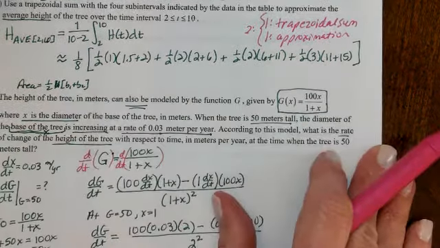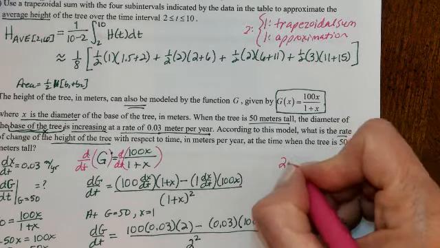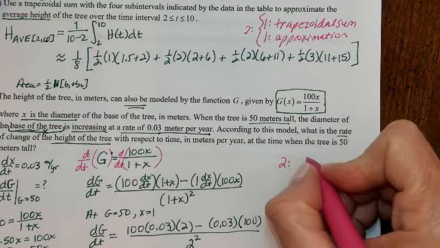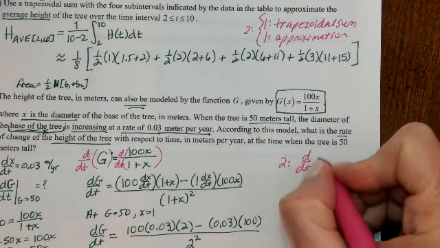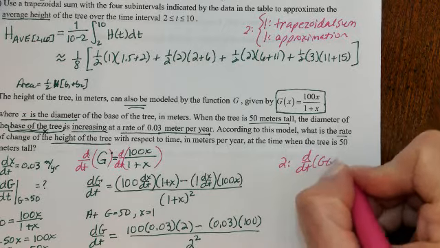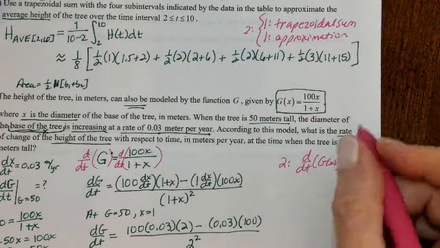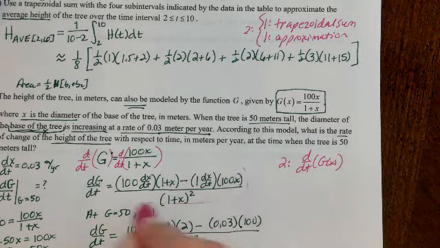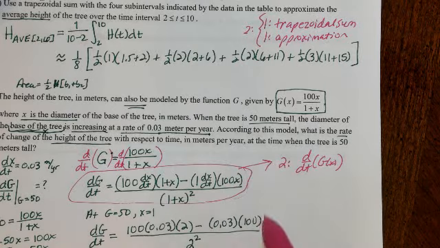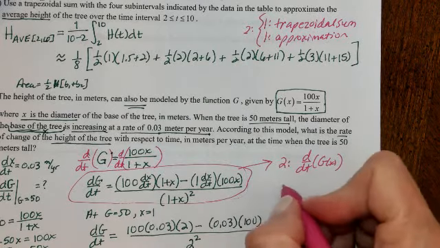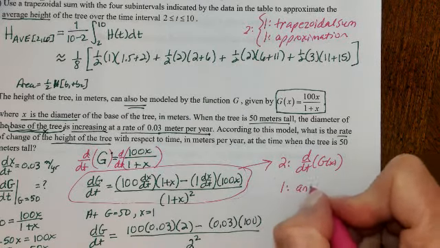And in part D, they gave 2 points for the derivative of g of x, or just of g. So that's this part right here. Okay? And then 1 point for your answer.